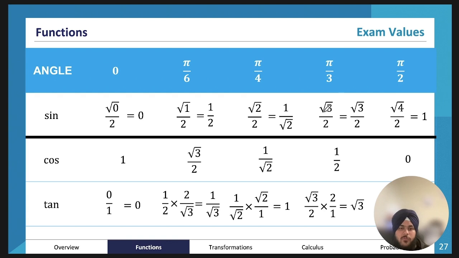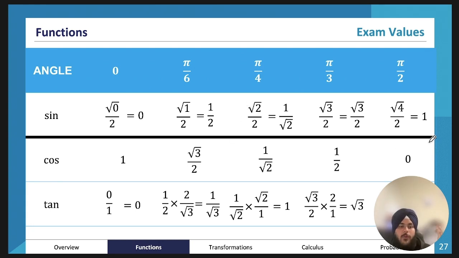So just leave the numerator blank for now and write over 2, over 2, over 2, over 2. Now what you need to do is, going from left to right, you need to do root 0, root 1, root 2, root 3, root 4, and stop at pi over 2. So this way, you will get the exact values. So I hope that made sense. Let me know if you need me to explain that again.